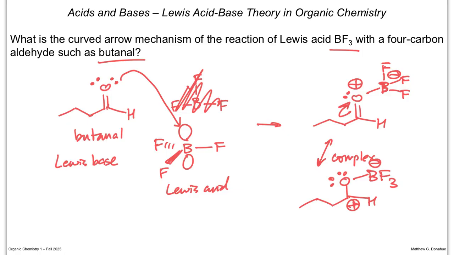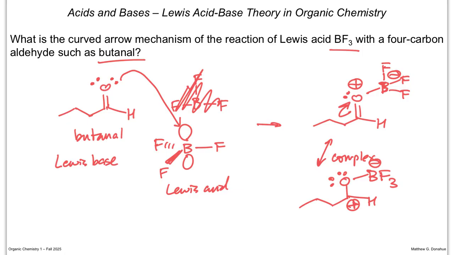So the plus charge now goes to carbon. And so what we've done is we've activated the carbonyl group. And so what does that tell us? That carbon is now electron deficient. So something with electrons can attack it. And we can make a bond to that carbon.